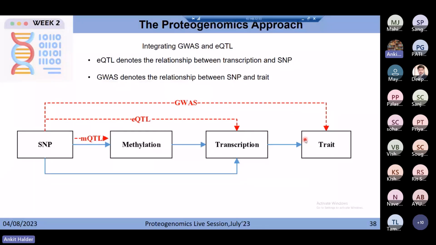So from the SNP, going via these intermediate steps of methylation and protein-DNA associations, it finally goes to transcription, giving the gene expression. That is how the genetic variation is linked with gene expression, with the methylation pattern, and how this finally is seen in a trait. So this is how the whole workflow is integrated.